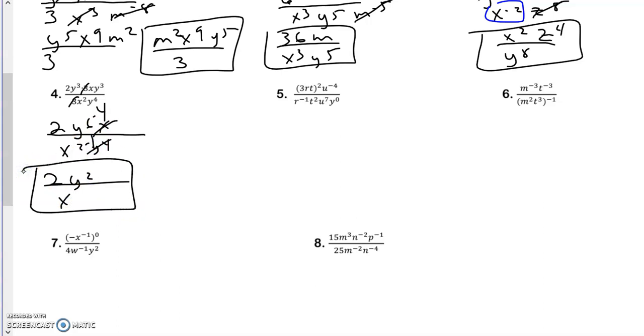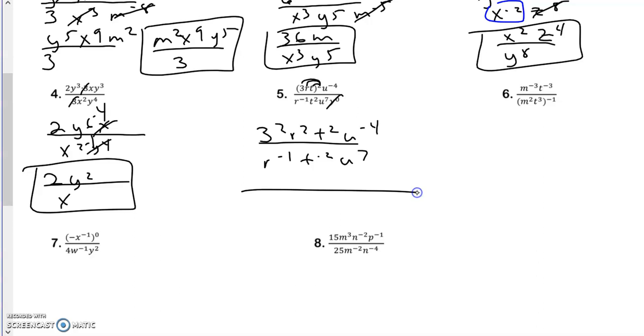Taking a look at the next one, the first thing I'm going to do is distribute. So I'm going to have 3 to the 2nd, r to the 2nd, t to the 2nd. And then I'm going to have my u to the negative 4. Cross out that y to the 0. Then I'm going to have my r to the negative 1, t to the negative 2, u to the 7th. Now I'm ready to simplify. 3 to the 2nd is 9.